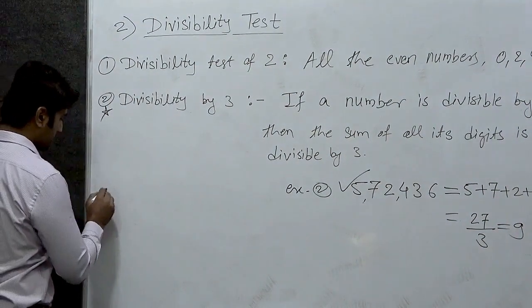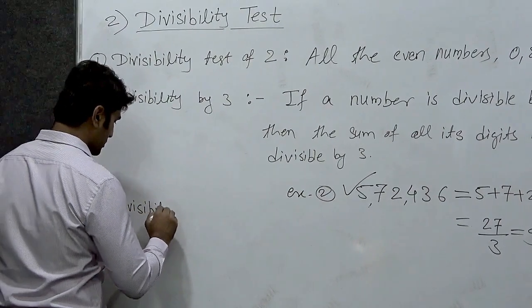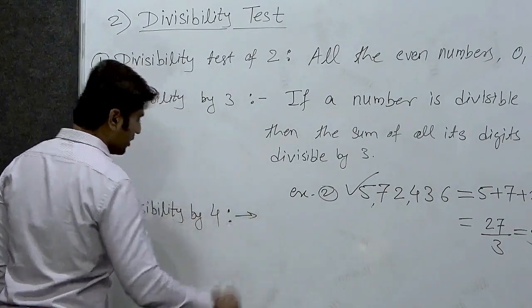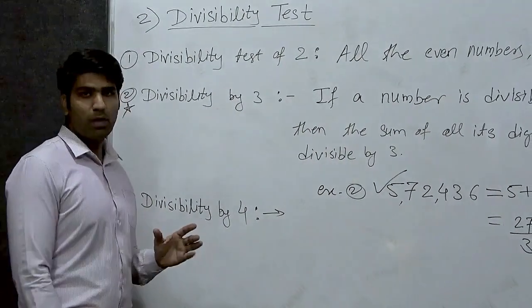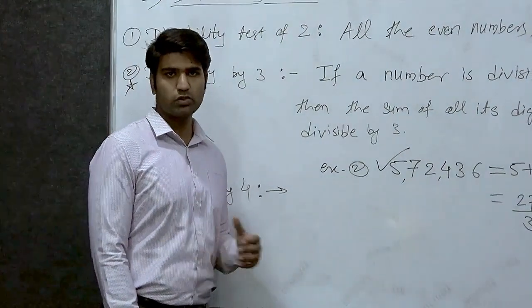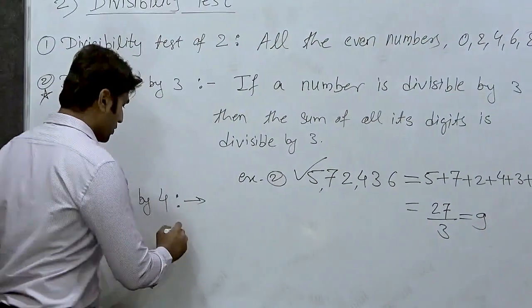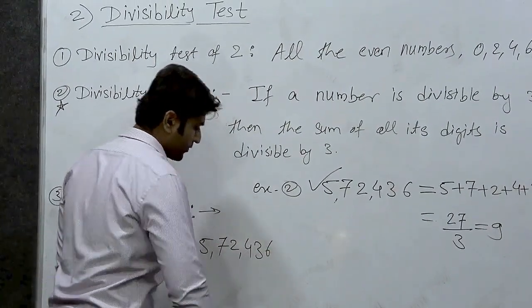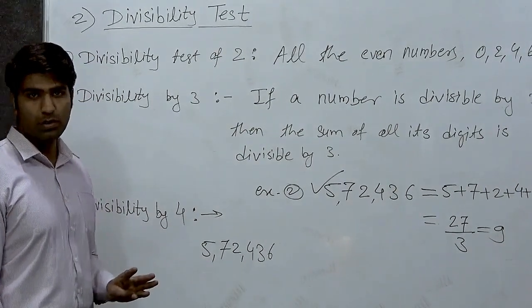Next, divisibility by 4. If a number is given and I have to check whether it is divisible by 4 or not, what should I do? Let's say again the same number, 5,72,436, and I have to decide whether this given number is divisible by 4 or not.